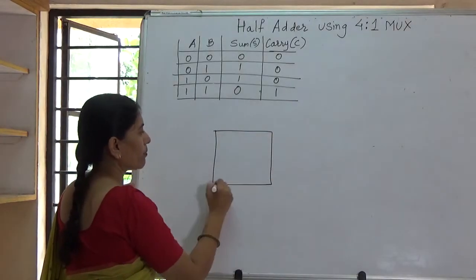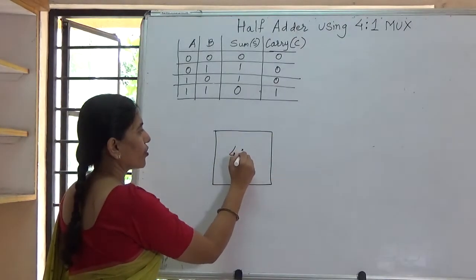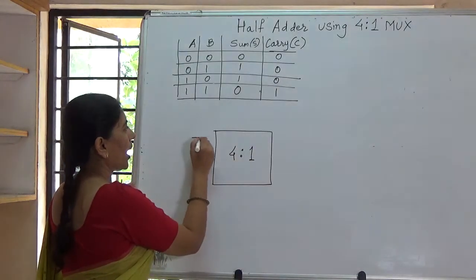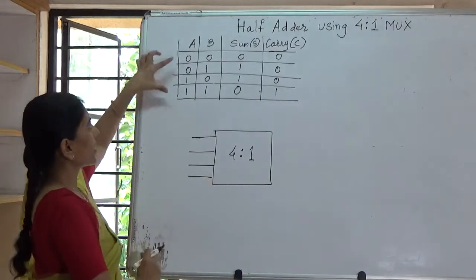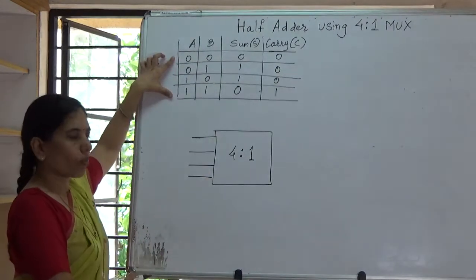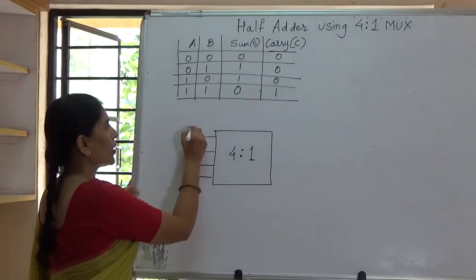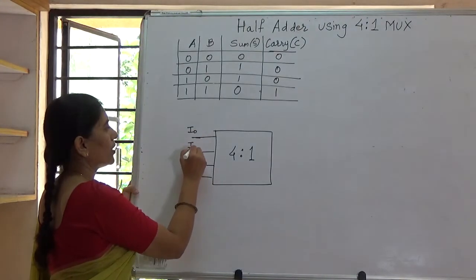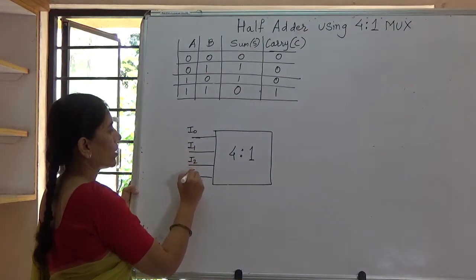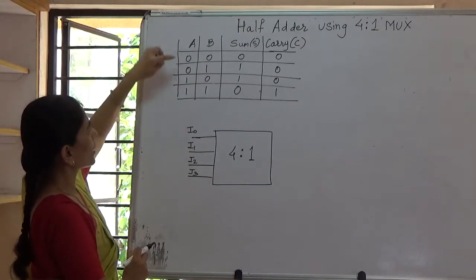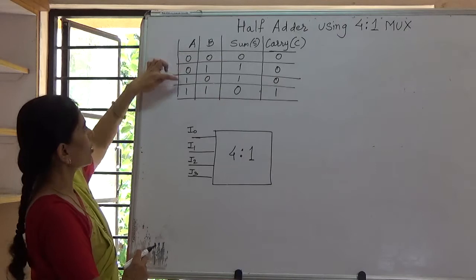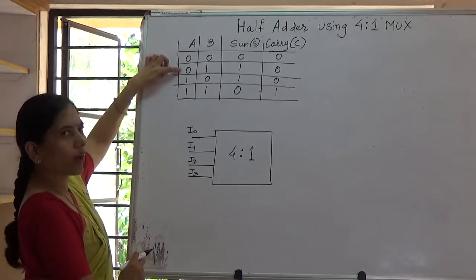A 4:1 multiplexer will have 4 inputs, and these are the 4 inputs which we will use for indicating these 4 combinations. So I0, I1, I2, I3 are the inputs which will be used for these 4. I0 will correspond to the 0 0 combination, I1 will correspond to 0 1, and so on.